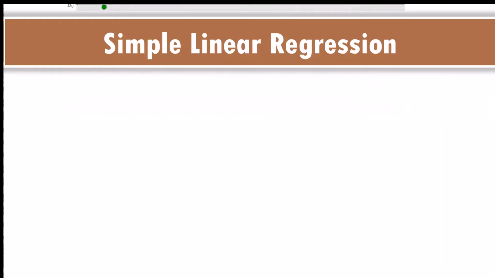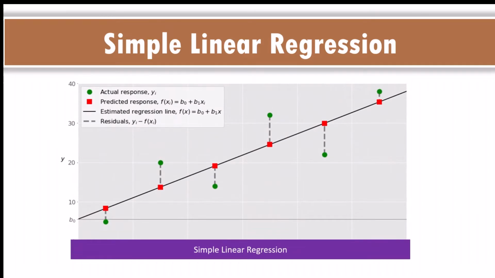In this graphical representation, the green circles represent the actual values, the actual response, and the red rectangles represent the predicted values. The distance between the predicted values and the actual values is represented by a gray line.